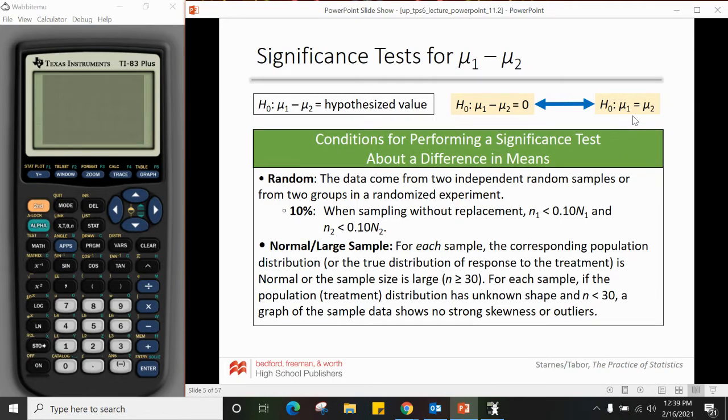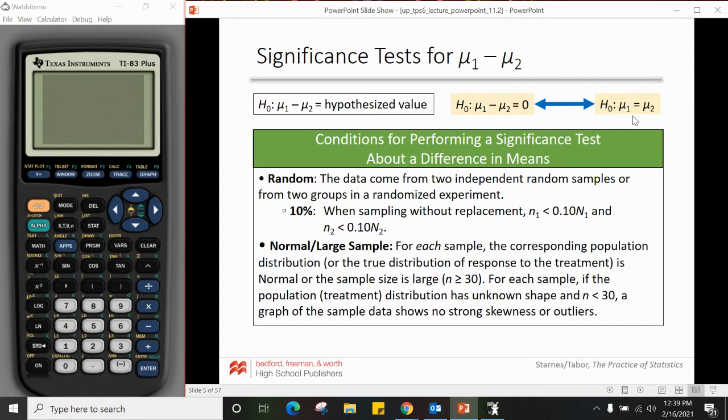Our conditions are very similar. We've seen them consistently, and now it's just with two samples instead of one. So first, random: the data comes from two independent random samples or from two groups in a randomized experiment. The 10% condition: when sampling without replacement, both n1 and n2 have to be less than 10% of the population size.